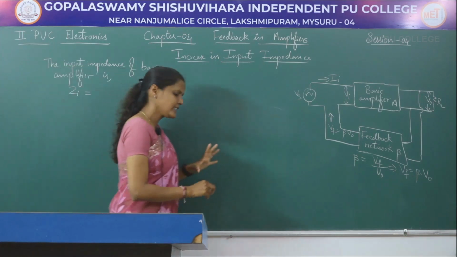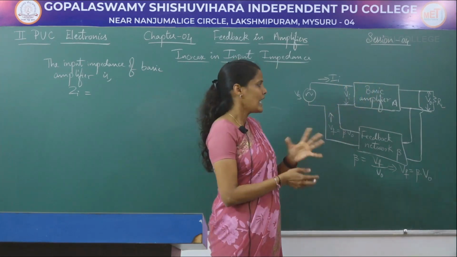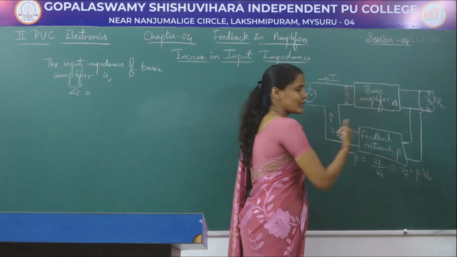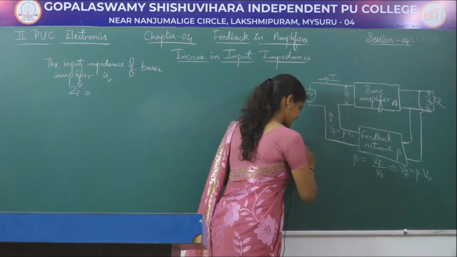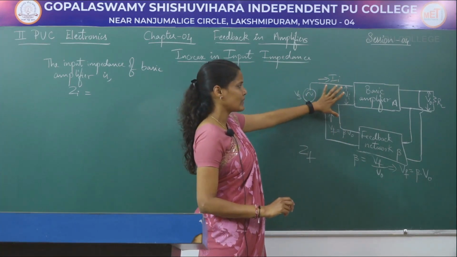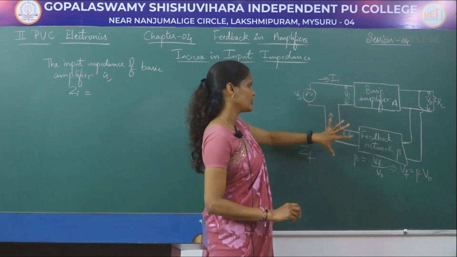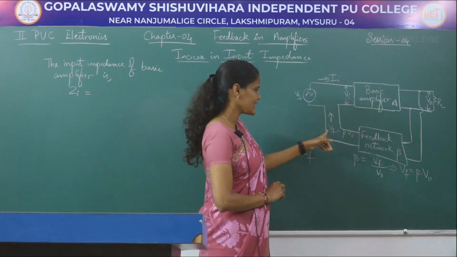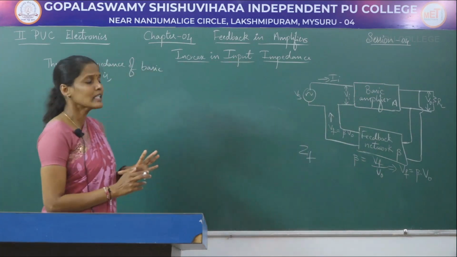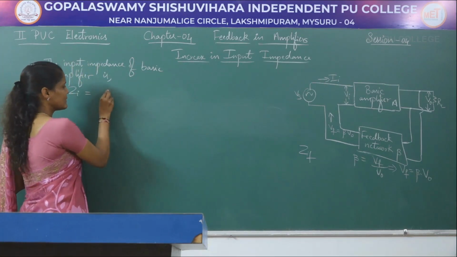Here Zi is the input impedance of a basic amplifier when feedback is not considered, and when feedback is considered, the input impedance of the overall amplifier circuit will be denoted by Zif, and Ii is the input current to the basic amplifier circuit, Vi is the input voltage for the amplifier circuit, V0 is the output voltage, and Vf is the feedback voltage.